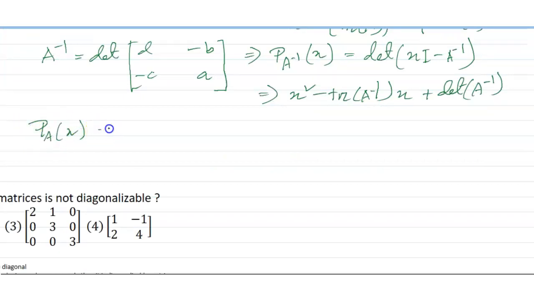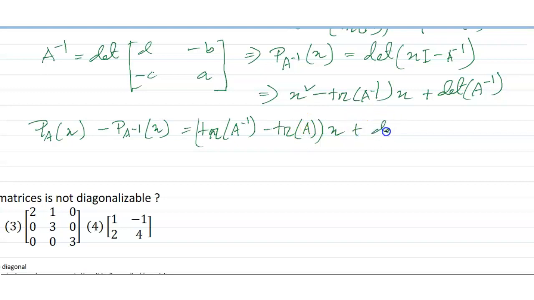So PA(x) minus PA inverse(x) is equal to (trace of A inverse minus trace of A) into x plus (det of A inverse minus det of A). So friends, whatever you see, this is 0 and this is also 0.